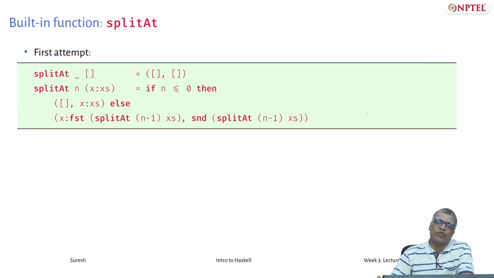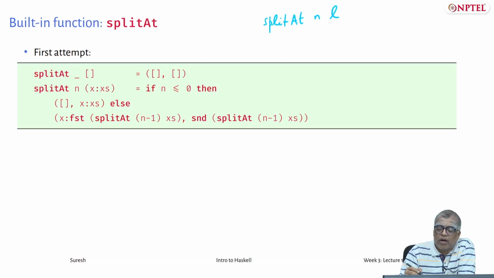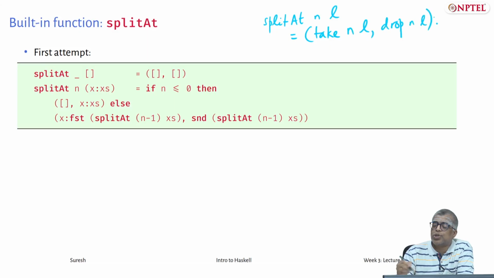Okay, here is another function, and this represents a very important aspect of Haskell, of recursive definitions in general. This is the function splitAt n l. This should return a pair of lists to me, and the first part of the pair should be the list consisting of the first n elements of l.